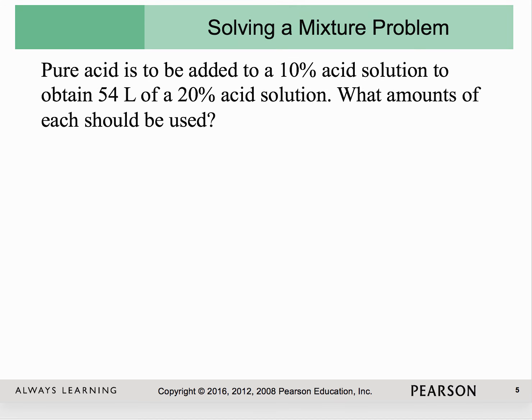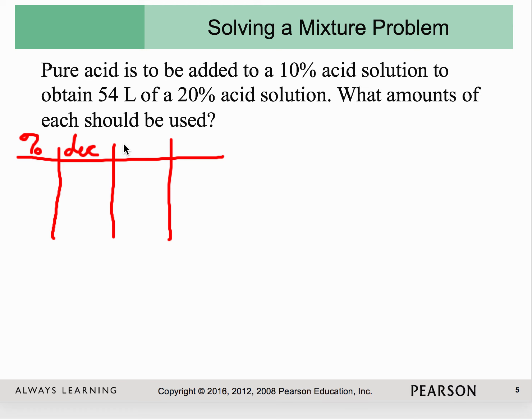Okay. Same thing here. Instead of alcohol, it's acid, right? But it's still, I'm mixing some pure acid with a 10% acid solution. Once I realize I'm mixing 2 different strengths of something, then I'm going to make myself that chart where it's percent, decimal, amount, total. Okay, so pure acid.